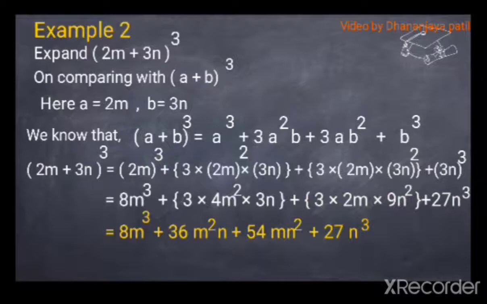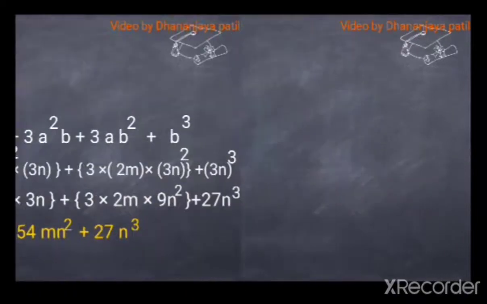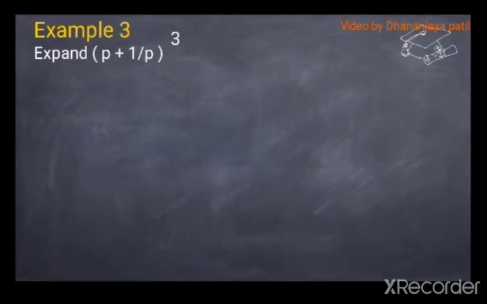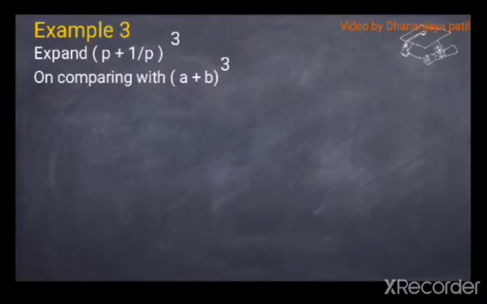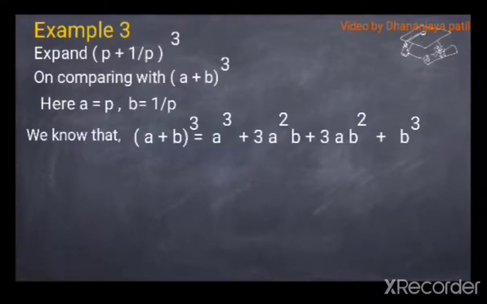Let's solve one more example. (p plus 1 upon p) bracket cube. Again, on comparing with this expansion, we get a is equal to p and b is equal to 1 upon p. We know that (a plus b) cube is equal to this expansion. Substitute all values of a and b in this expansion.